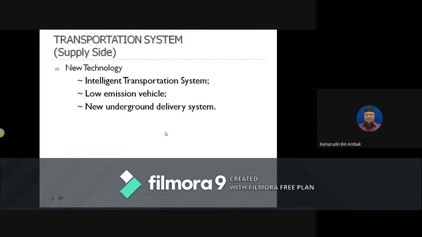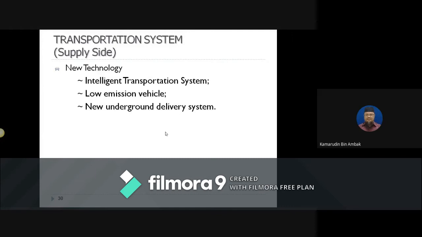Cool, new technologies. Of course, we can introduce the ITS, Intelligent Transport System. This one is a very big topic, so we can explore more about this if you're interested. Okay, low emission vehicles. Last time they introduced hybrid cars.